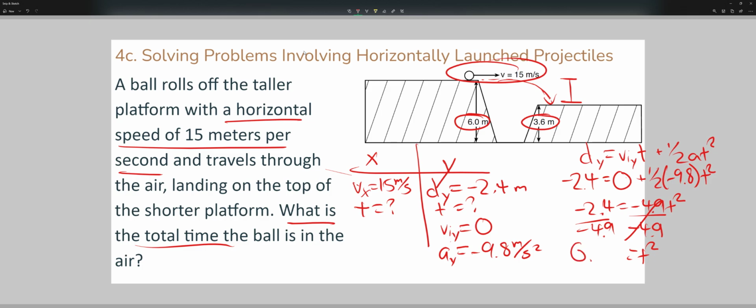That's going to give you somewhere around 0.49, and then you square root both sides, and then you get 0.7 seconds, and that's t. That's t right there.